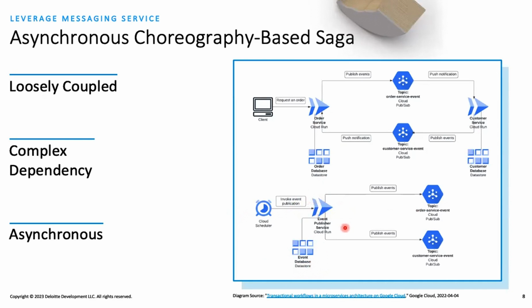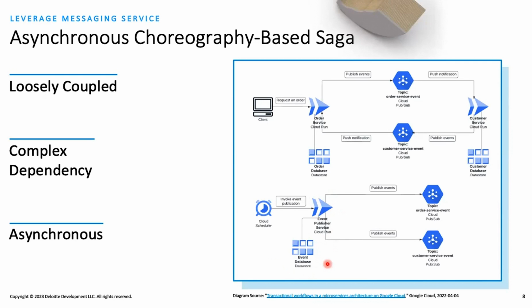And as you can see, the event publishing service is also deployed into Cloud Run, which is serverless Kubernetes. And the event database is also using Datastore, which is Google's native NoSQL DB, but it supports ACID transactions.